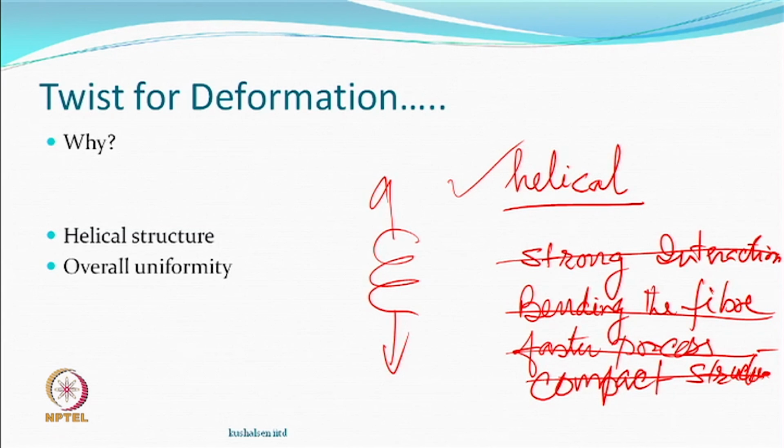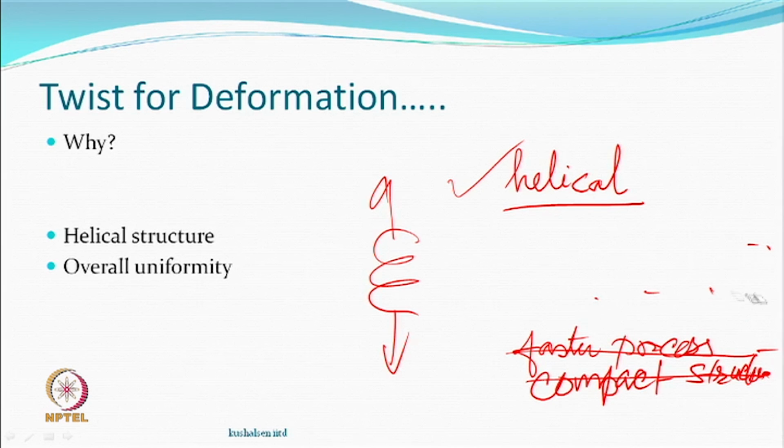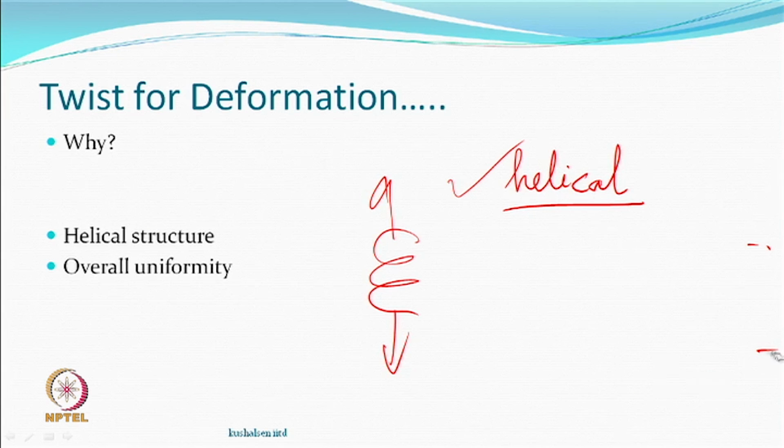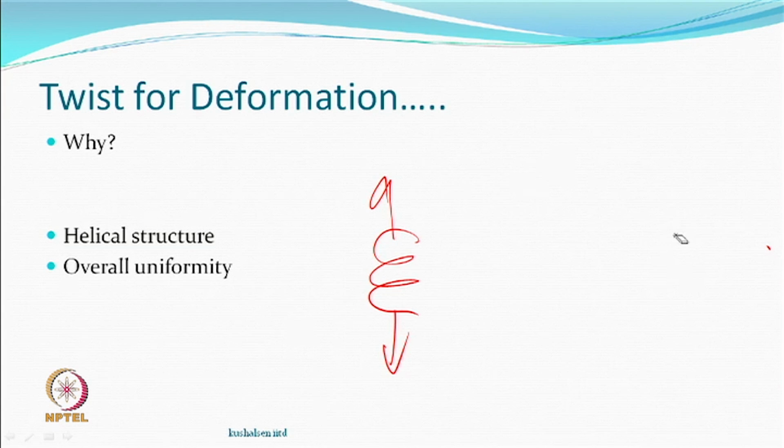Is this statement correct, or do you think this statement is also wrong? You have to tell me something about it. Uniformity. How does twisting give uniformity? Because we have, let us say, a multifilament yarn, there are a lot of filaments. Are they being treated uniformly?